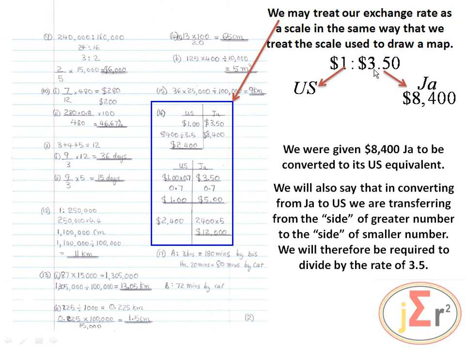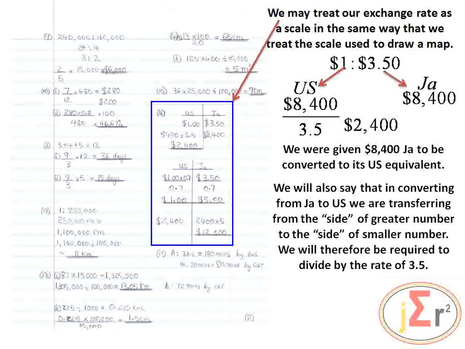Notice that we have 3.5 on this side, on the other side we have 1. So if we are transferring from this side to this side, the number that we will be required to get on this side will be smaller, being consistent with what we have here. Therefore, we will divide 8,400 by 3.5, and this is quite analogous to what we have done before.